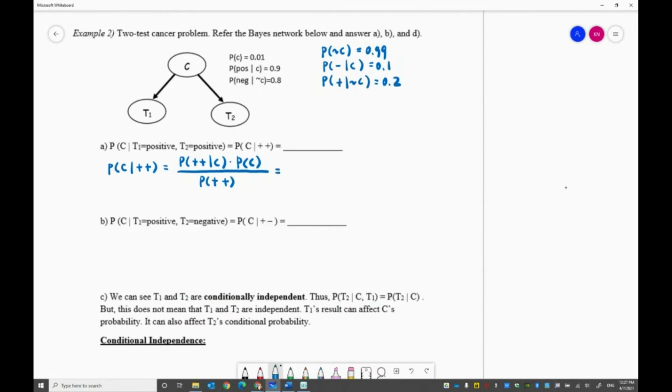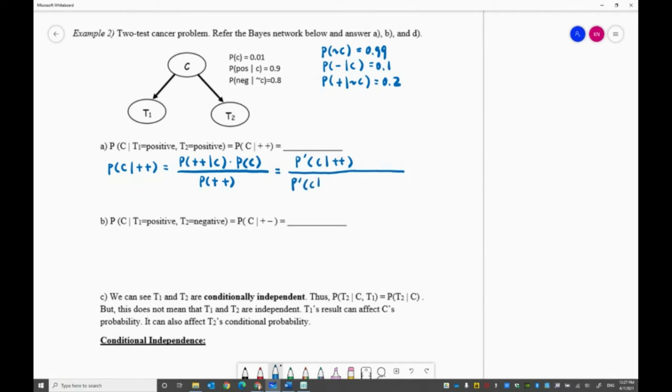More calculations are needed, so I can just jump to the prime using prime. The numerator is just prime C given positive, divided by the normalizer, which is just 1 over prime and another prime. The other prime is, instead of C, not C, only the prior changed.